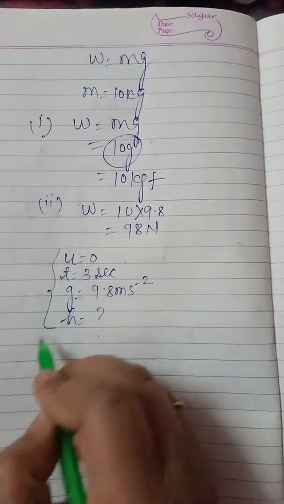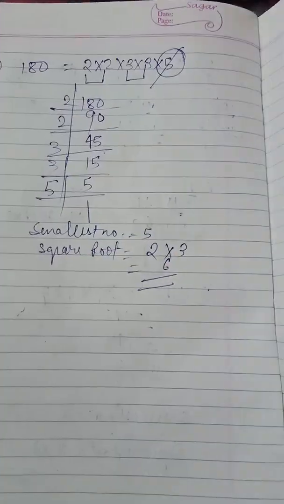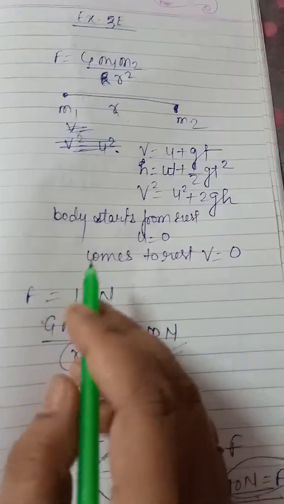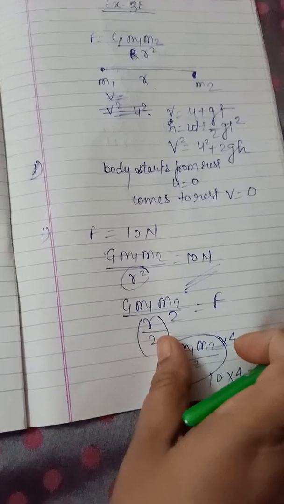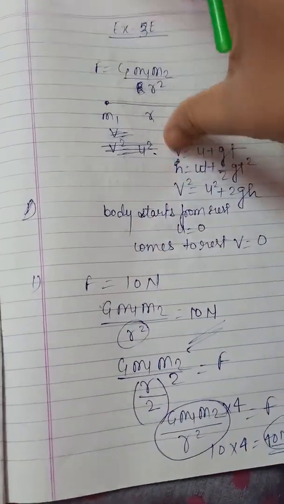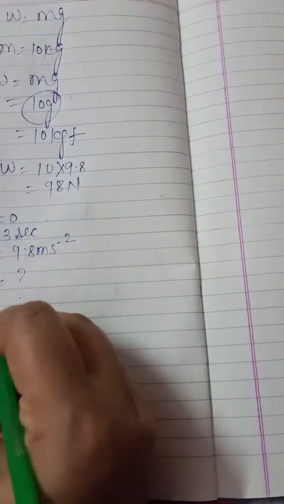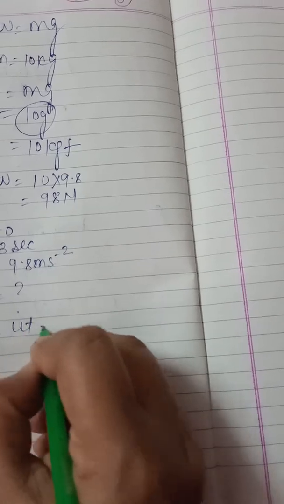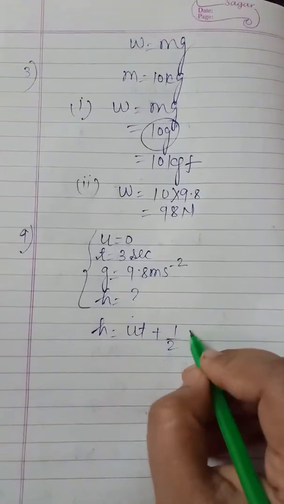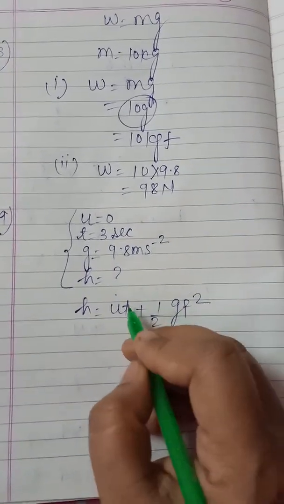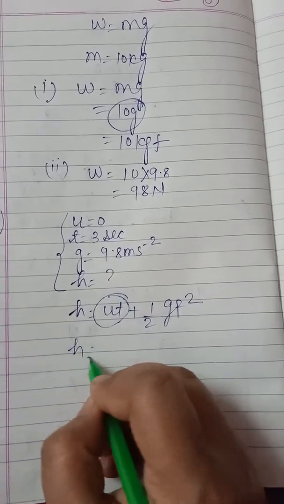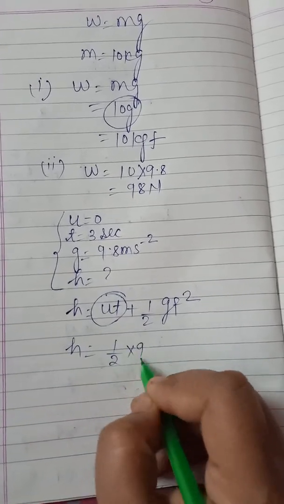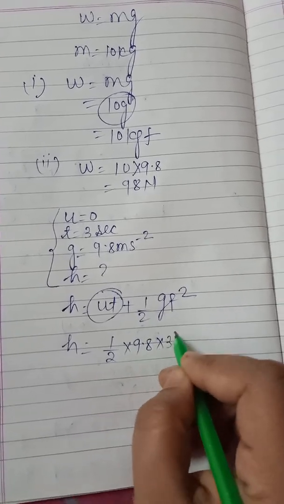How can we get the height? h is equal to ut plus half gt square. u is 0, so ut is 0. h is equal to half, in place of g 9.8, t square is 3 square.